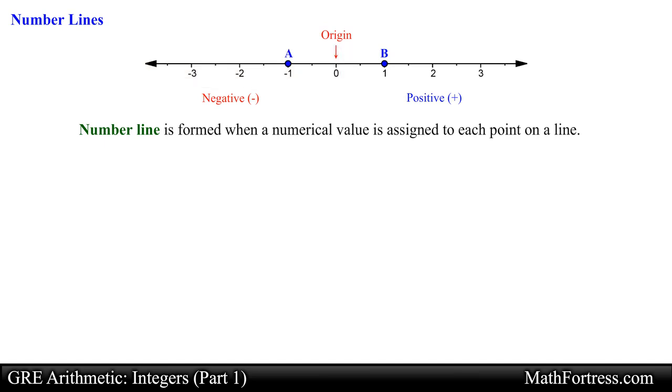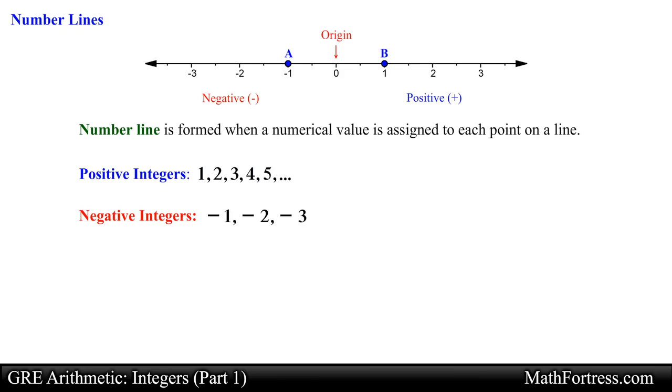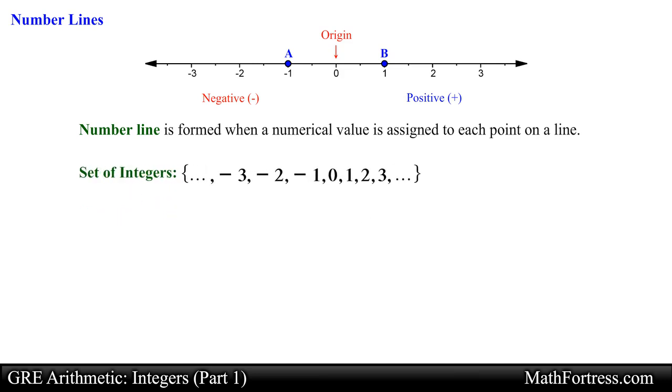In general, integers are whole numbers, such as 1, 2, 3, 4, 5, and so on, together with the negative integers such as -1, -2, -3, -4, -5, and so on, along with 0, form the set of integers and are represented by using set notation as follows. We enclose the numbers using curly brackets, like this.